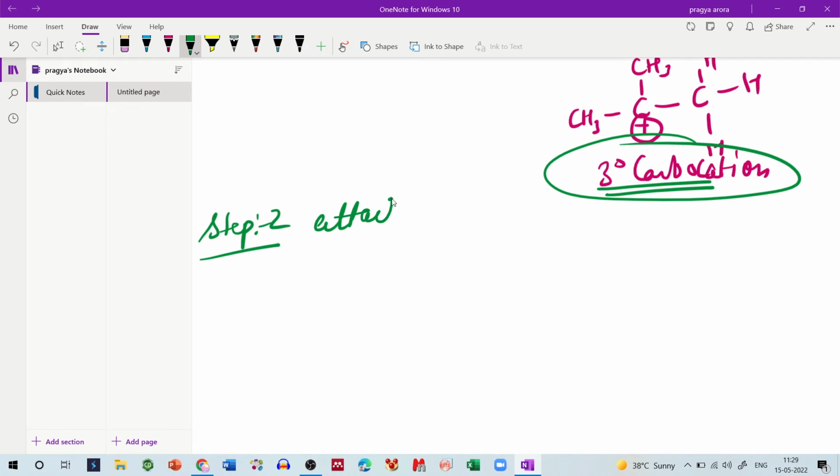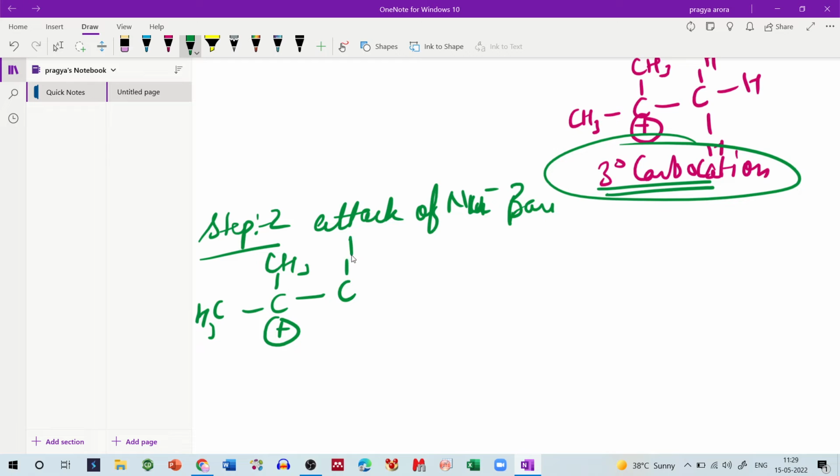Now, in step 2, the attack of the nucleophilic base will abstract the proton from the alpha position. So we have this tertiary carbocation with CH, H and H. Now this is the alpha carbon. Let's say B minus is the nucleophilic base, for understanding.